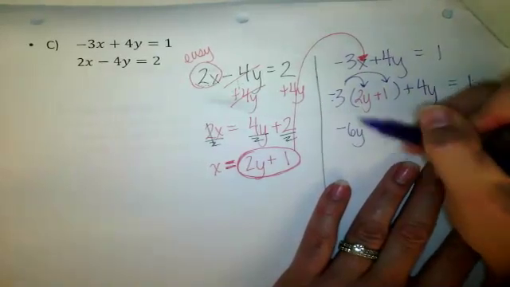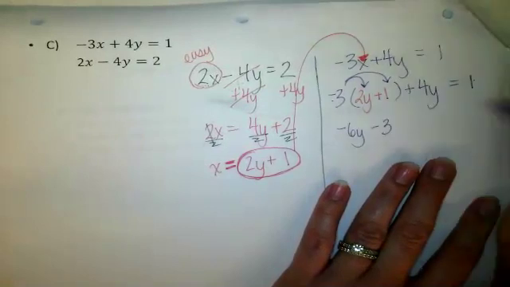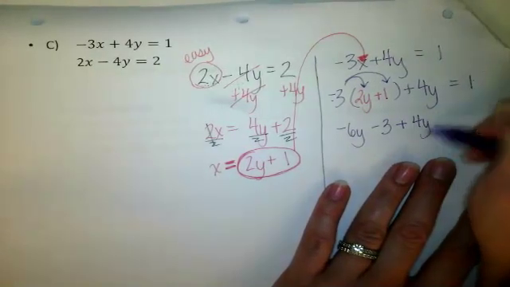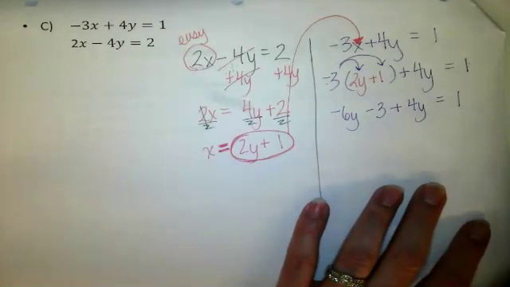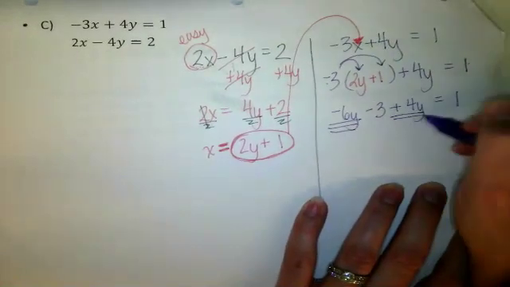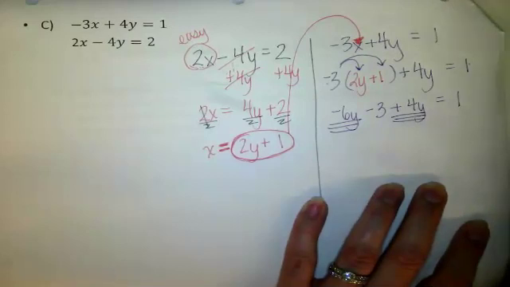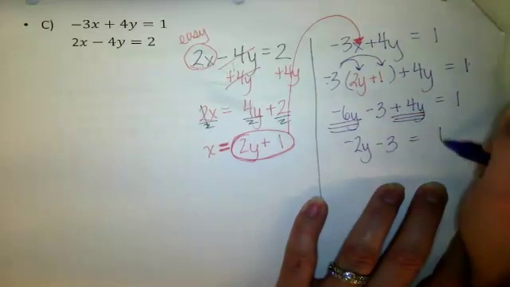Negative 6y. Negative 3 times 1. Negative 3. Plus the 4y equals 1. Then what? Combine like terms. Negative 6y and positive 4y. Negative 2y minus 3 equals 1.